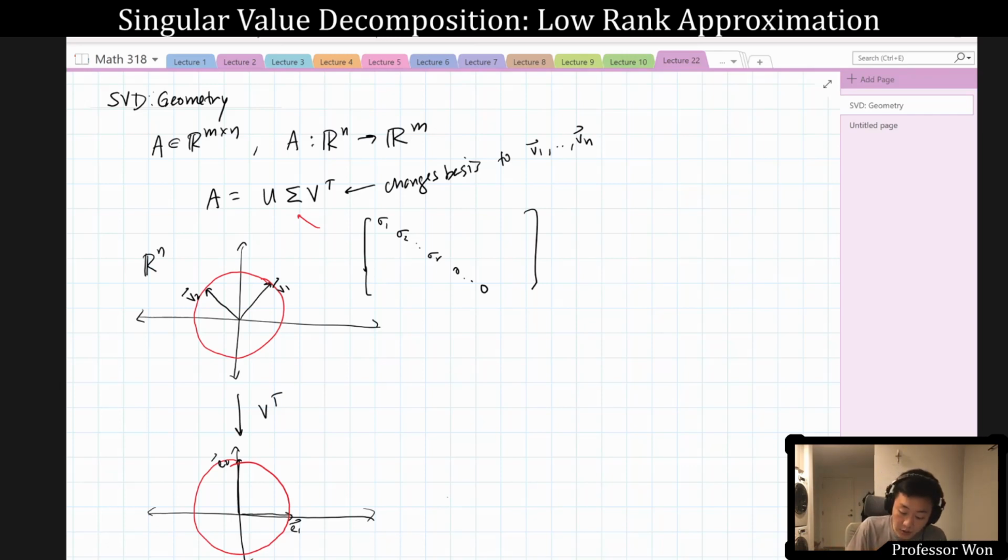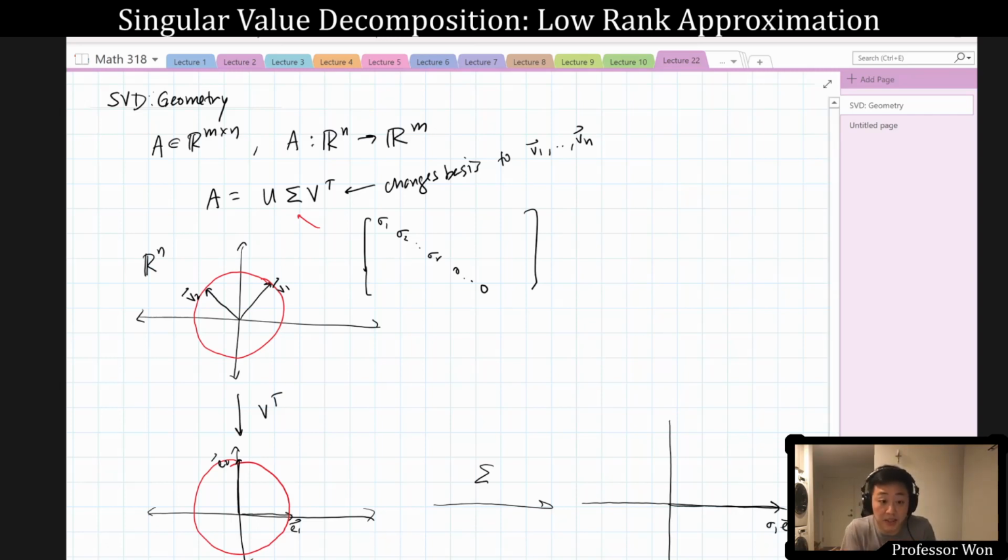So you apply sigma to this, and what it does is send E1 to sigma 1 E1, and send E2 to sigma 2 E2. It could also send E2 to 0, depending on what the rank is.